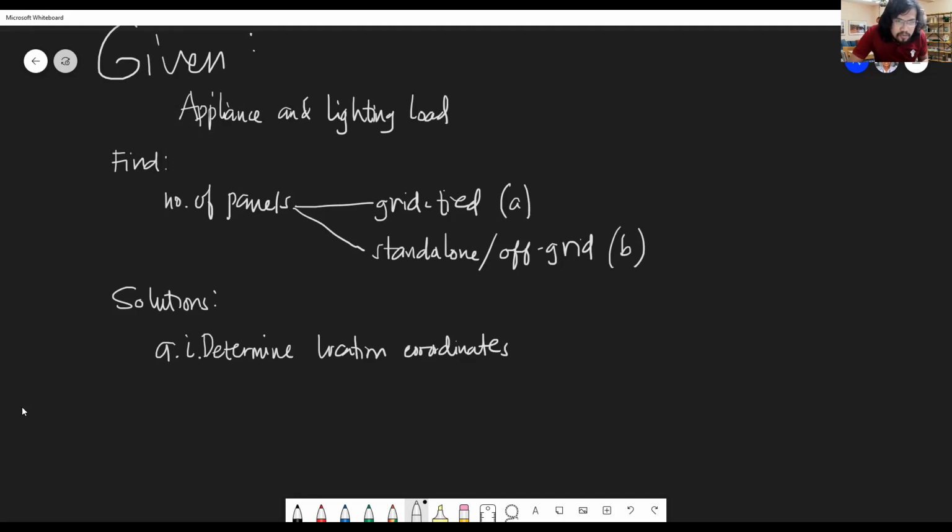So for Pili, Camarines Sur, this is a town or municipality south of Metro Manila. I think it's around 400 kilometers away.